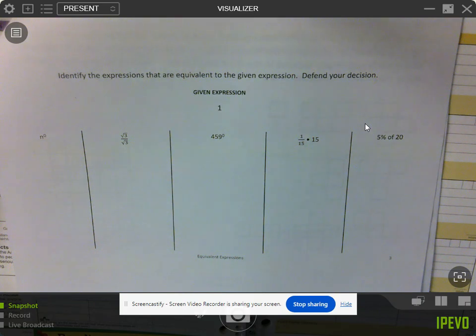So you need to see which of each of these expressions equals 1, and you need to say why it equals 1. So you need to do the math, see what you get for each one of those, and you need to say either yes or no. Yes, it equals 1, or no, it does not.